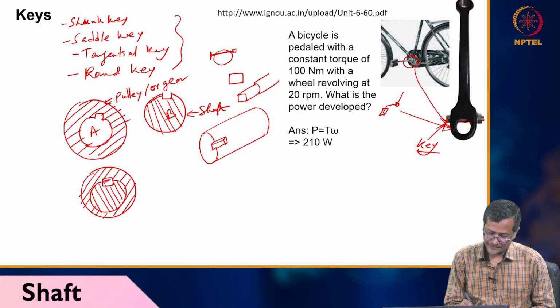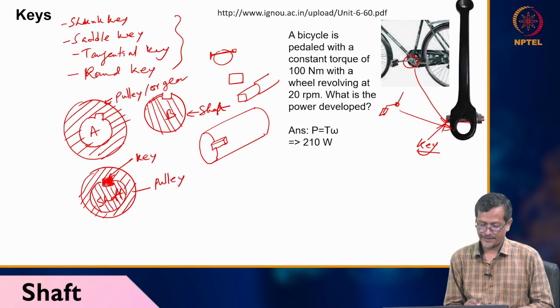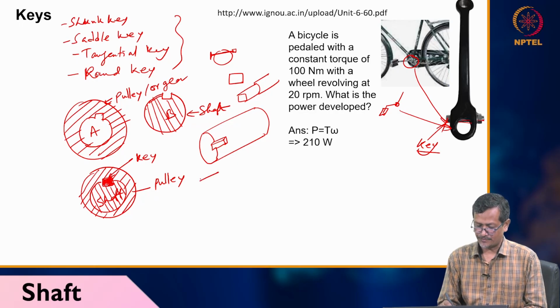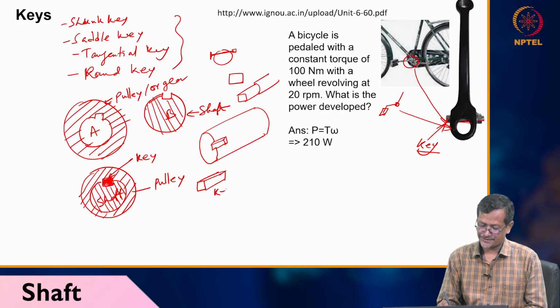This is your key. Okay, this is your key, and this is your shaft. This is your pulley or gear. Okay, now if I put one key, the shape will be rectangular, or many other shapes are also possible. Okay, this is a key.